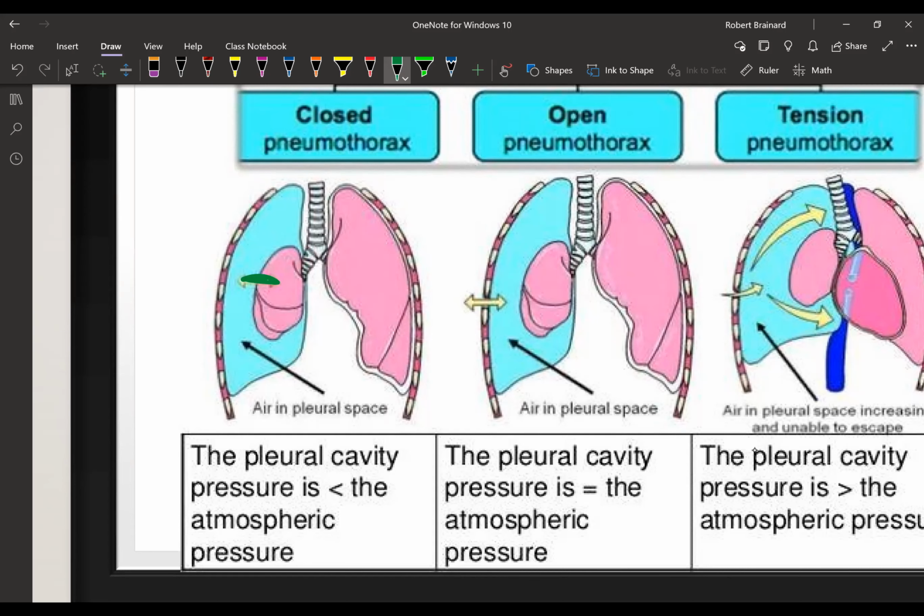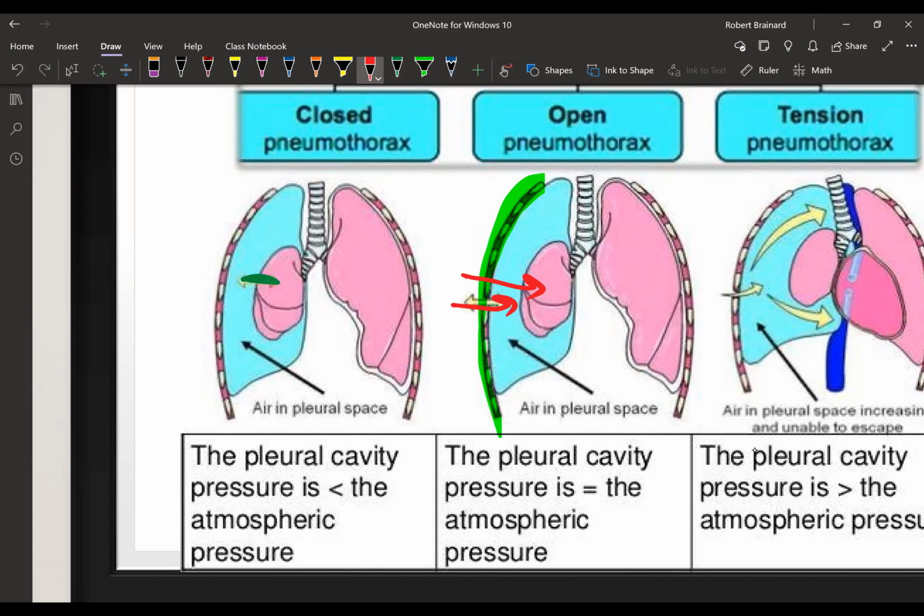Now, obviously check for an open pneumothorax, because maybe a glass shard broke through their thoracic wall, and air is getting in that way. Maybe something went not only through their thoracic wall, but actually through their lungs. So maybe they have an open and a closed, a punctured visceral and parietal pleura.